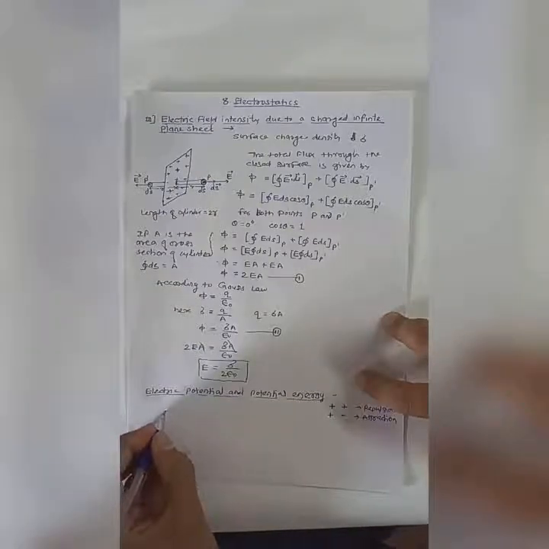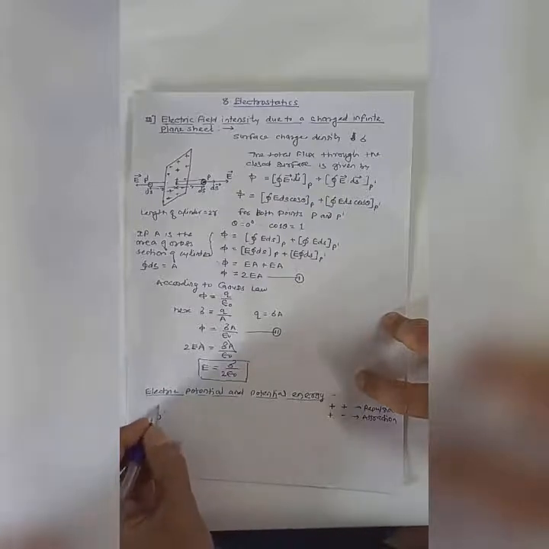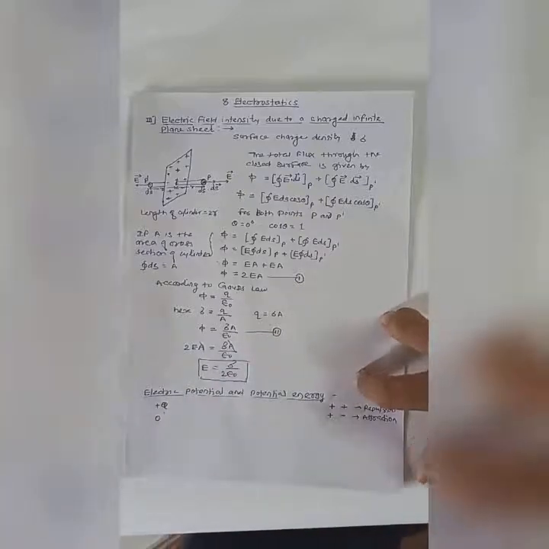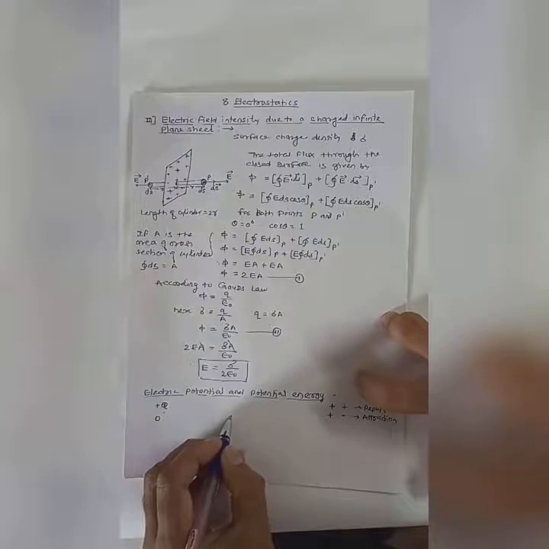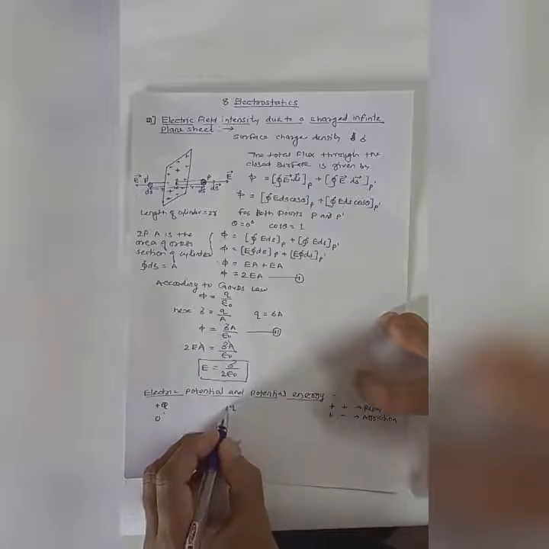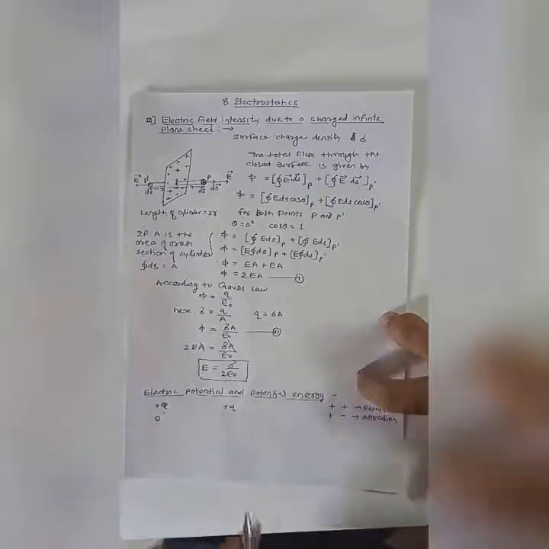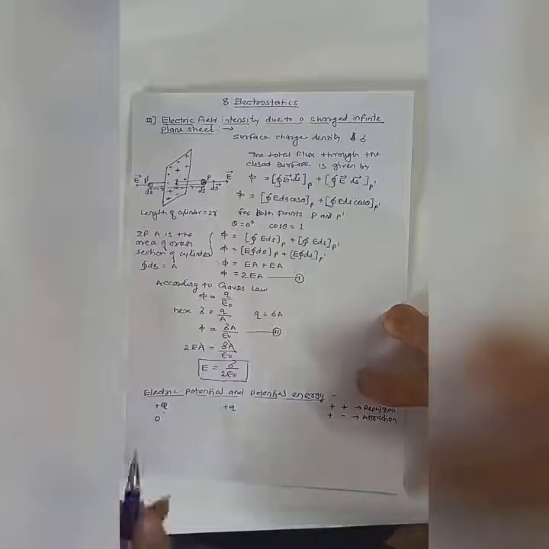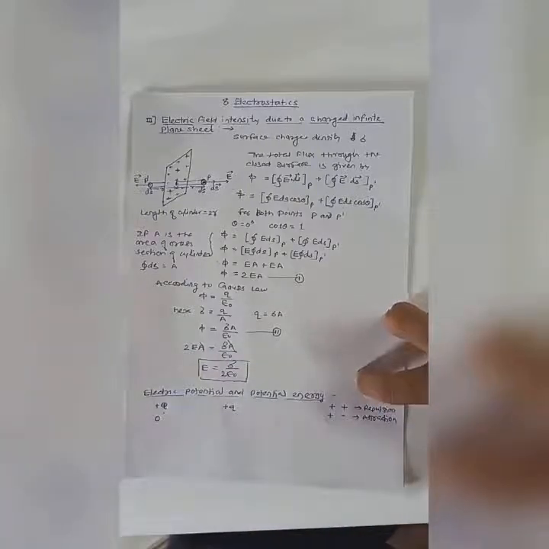Suppose here O is the point where the charge plus Q is given. And here is a very small test charge, say q. This charge is also positive. So between these two charges there is a repulsive force.